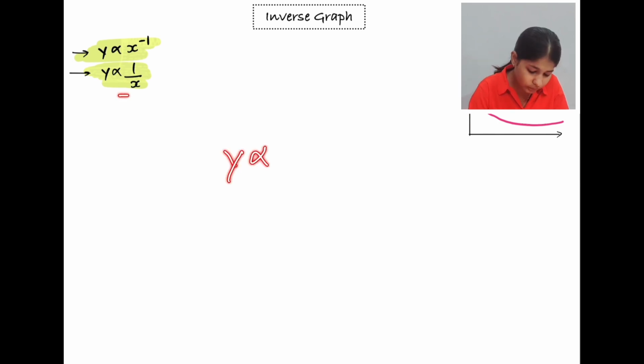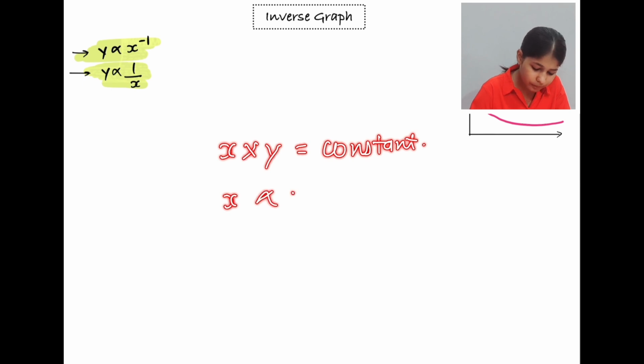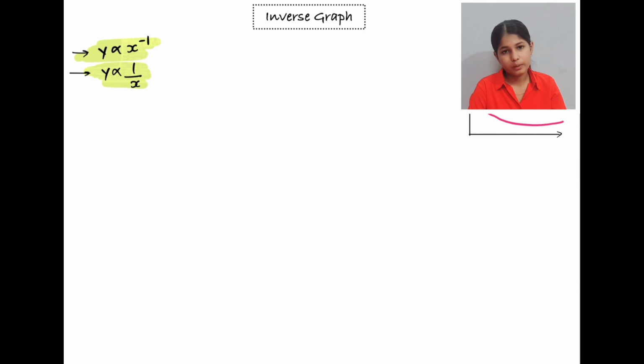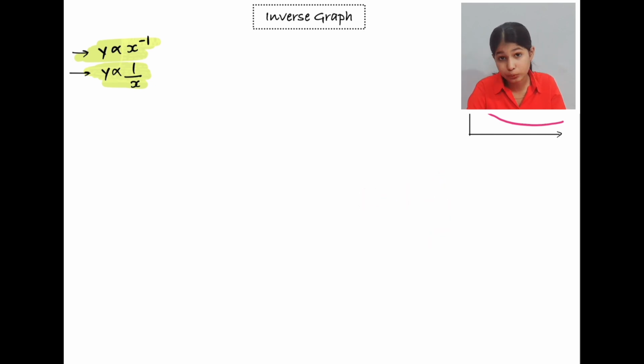Yes, of course, because if it is given like this, x into y is equal to constant, it simply forms y is equal to x to the power minus 1. Means x is inversely proportional to y.